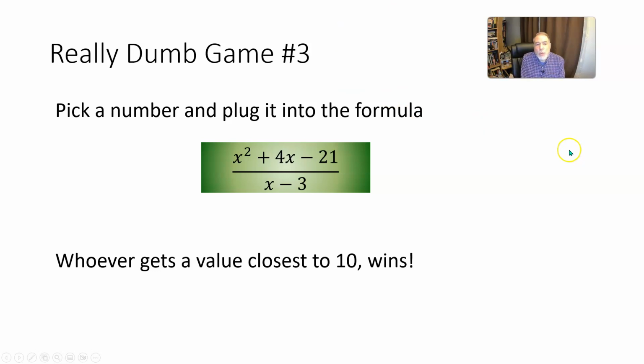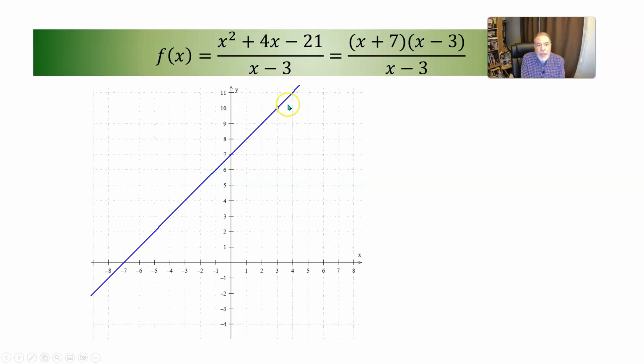So now I'm going to show you what's going on with this formula. The graph of this function looks like this. And if you factor the numerator, it can be written as x plus 7 times x minus 3 divided by x minus 3. So this function is undefined at 3.